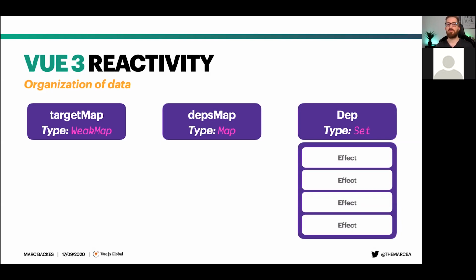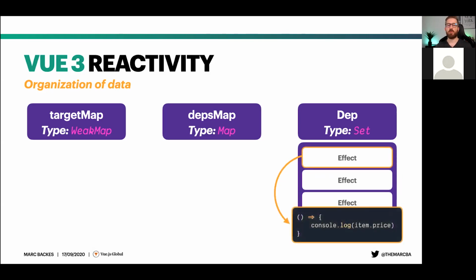It's a list of side effects or functions that are executed when a change to that property happens. So remember that the effect is basically just a function. And in a Set, we don't have double entries. This is very useful for us because we don't want to execute an effect twice.